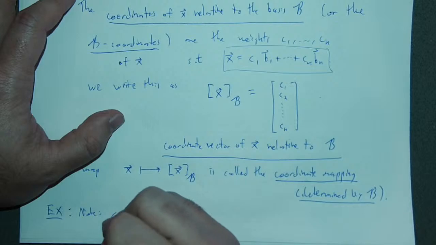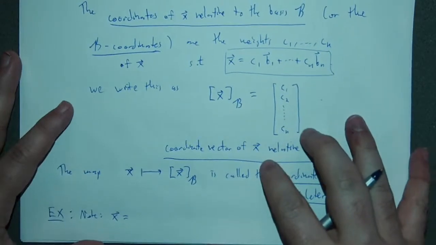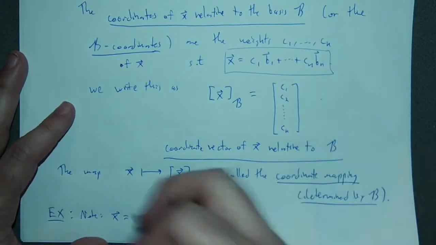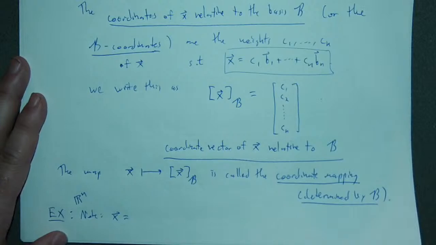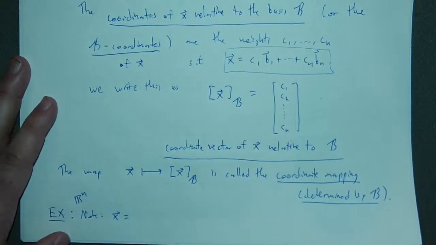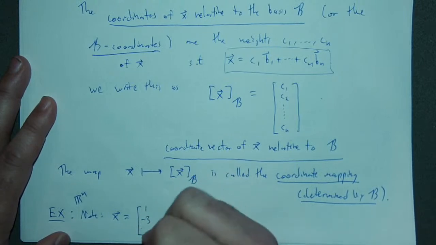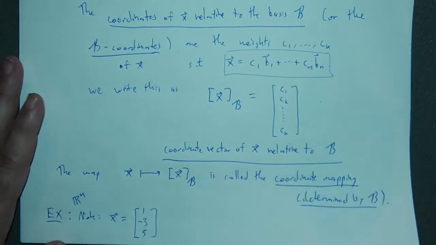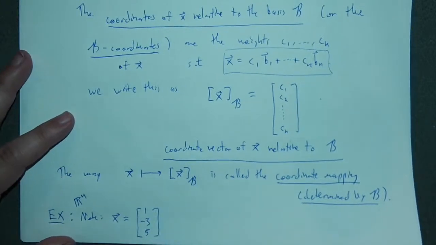Let's say that I have the vector x, and I've written that vector. I'm looking in Rn now, and in Rn, I write a vector x as 1, -3, 5. What do I mean when I write a vector as 1, -3, 5?